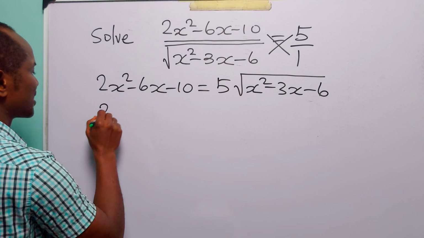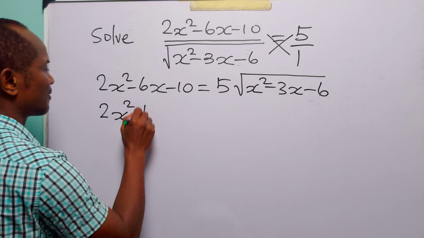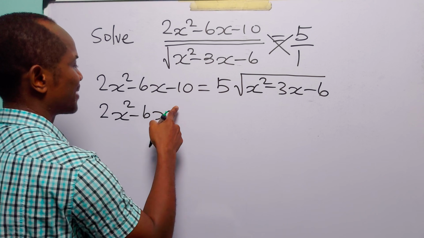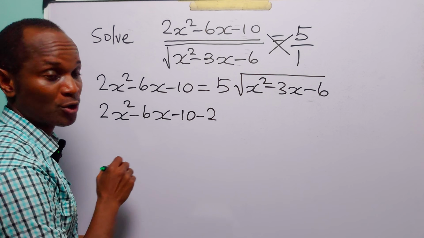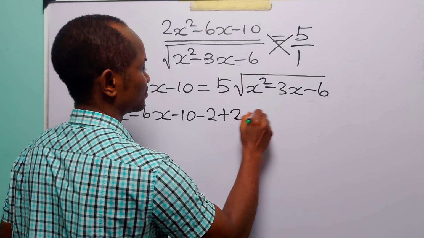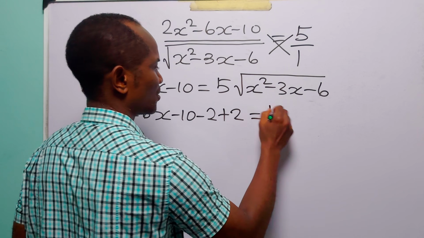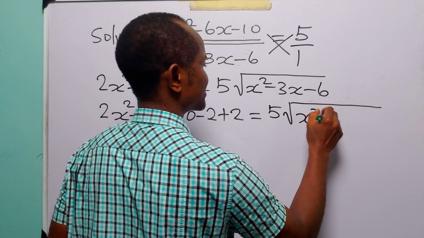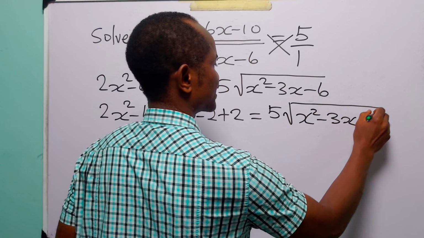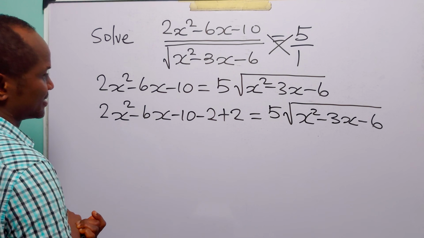So when we do that, we have 2x squared minus 6x minus 10, then we have minus 2 plus 2, and this is equal to 5 times the square root of x squared minus 3x minus 6.